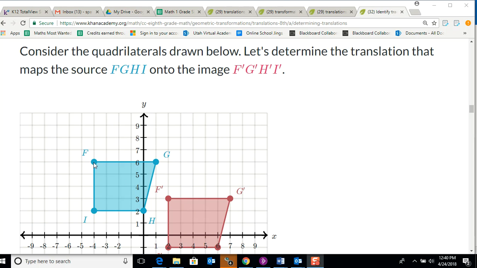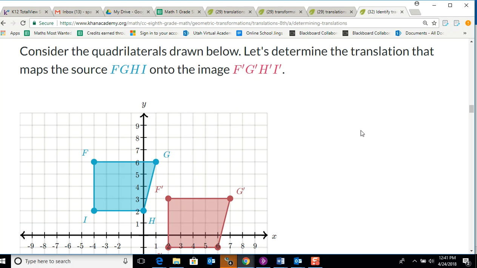Okay, so to get from point F to the translated point F, it looks like we have to move to the right 1, 2, 3, 4, 5, 6. Okay, so to get to the translation of point F, we have to move 6 to the right. And then we have to move 1, 2, 3 down.